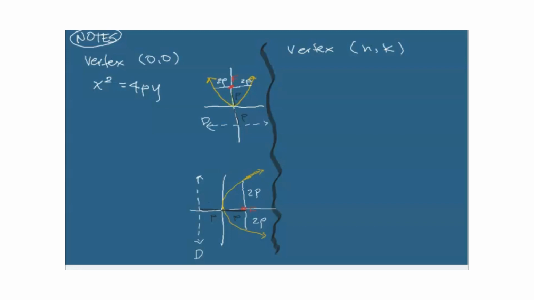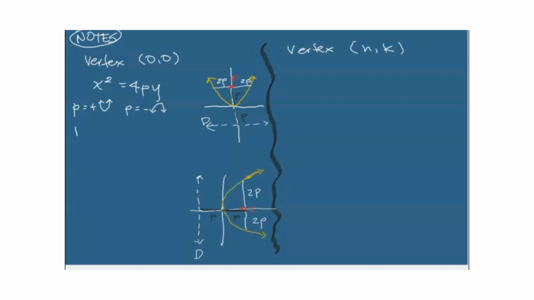So let's review our notes. Let's have a parabola first where the vertex is at the origin, 0, 0. So the parabola that opens upward, the equation would be x squared equals 4py. And if p is positive, the parabola opens upward. If p is negative, the parabola opens downward.